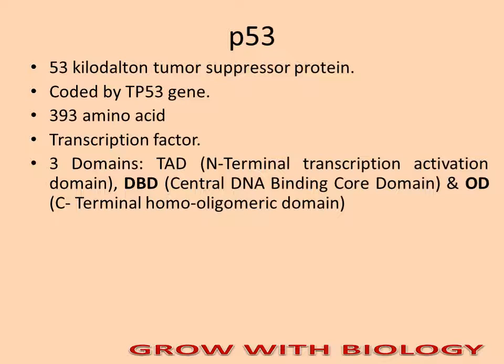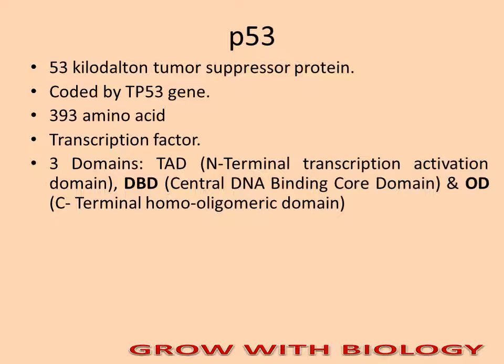Now TAD is the N-terminal transcription activation domain, DBD is the central DNA binding domain, and OD is the C-terminal homo-oligomeric domain. Remember, each protein has an N-terminal end and a C-terminal end. Towards the N-terminal end there is the transcription activation domain, and towards the C-terminal end there is the homo-oligomeric domain.